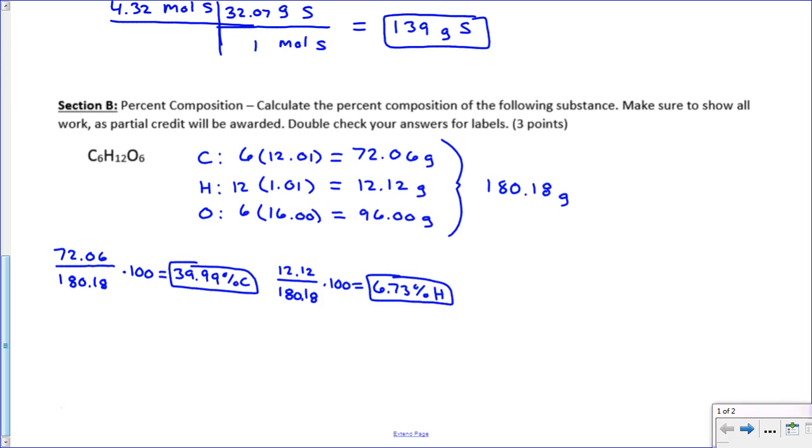And then lastly, for the oxygen, 96.00 grams over 180.18 times 100. And you get 53.28, and that is percent oxygen.